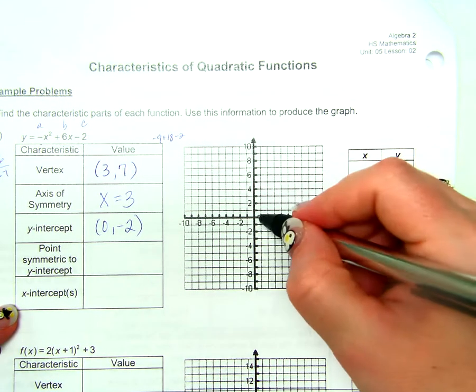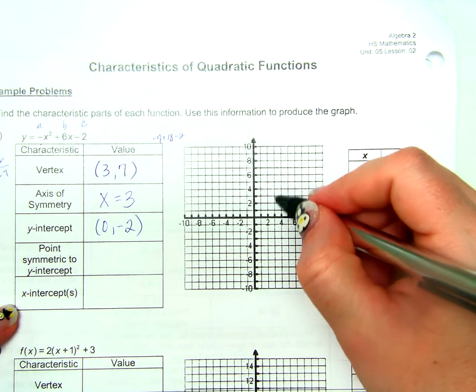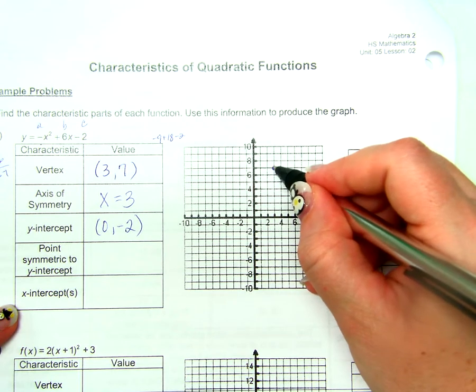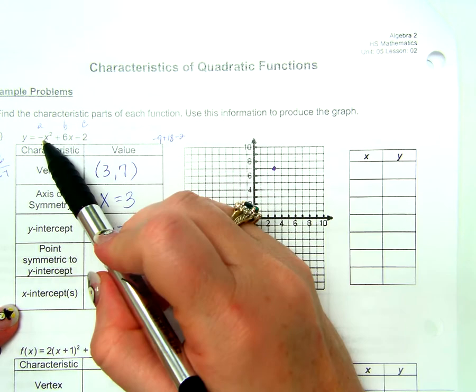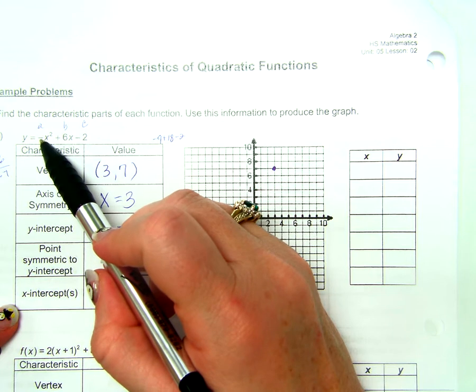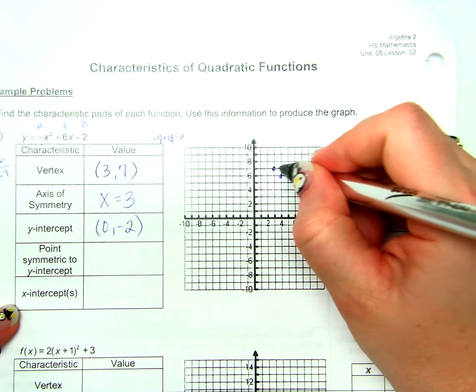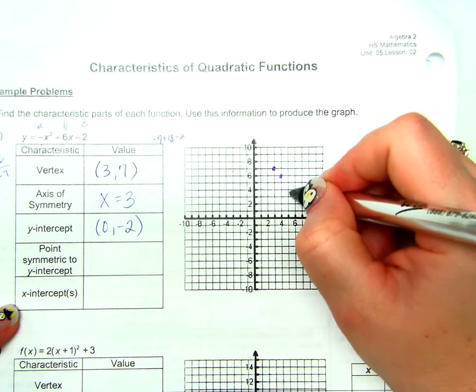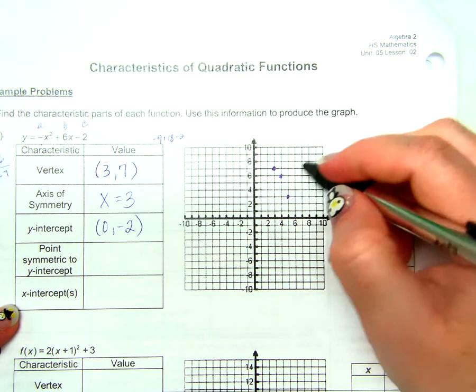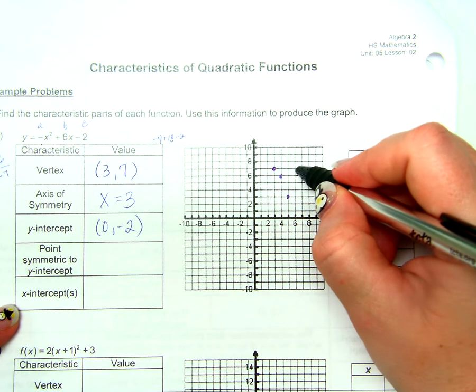Well, my vertex is at 3, 7. Right there. And I know it's upside down, but I also know its parent function shape. So can I go over 1, down 1? And over 2, down 4? Because that's parent function shape, right? And over 3, down how much? 9, right?